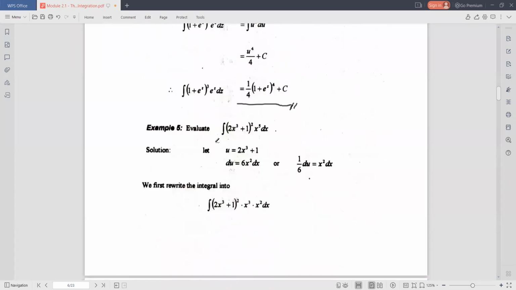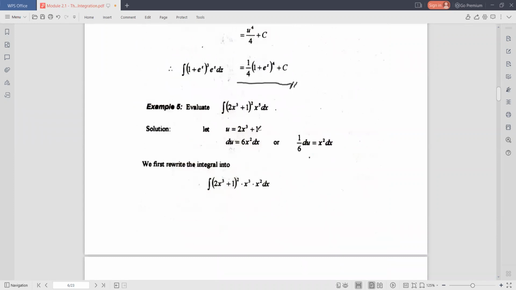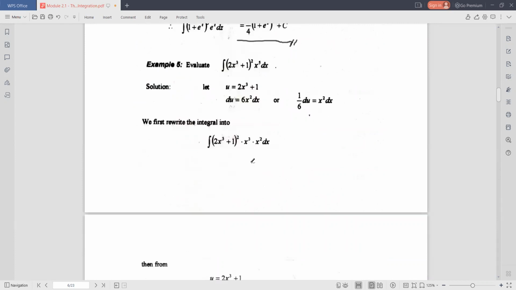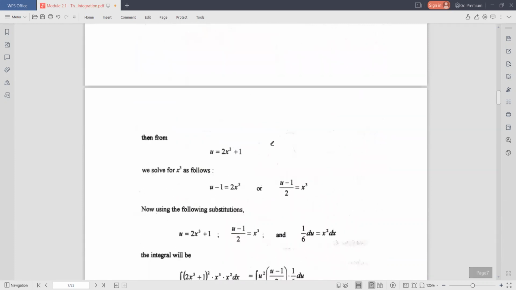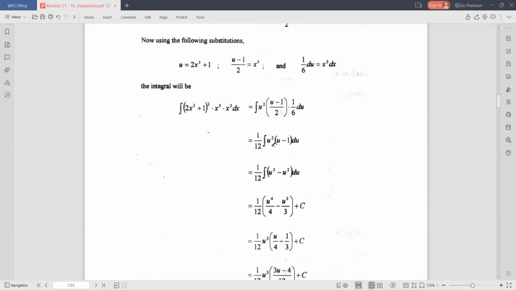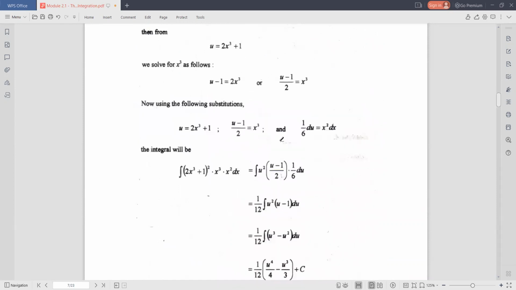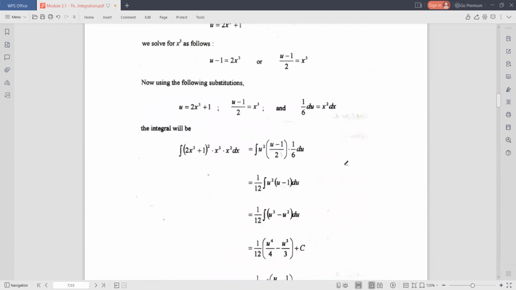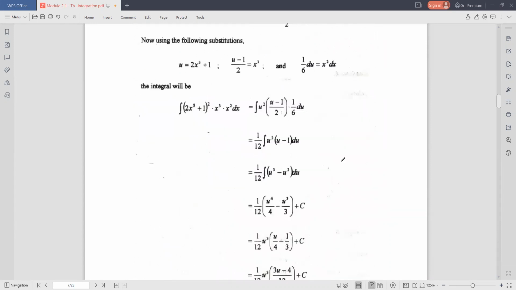So we also have example number 5, the same process. It is merely substitution, then we apply the integral. You create a new form so you can use integral formula number 1, or the power rule for integration.